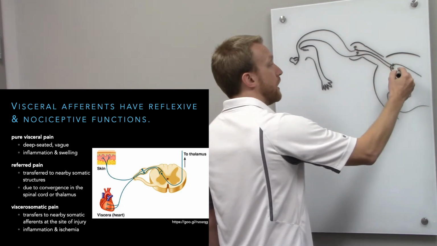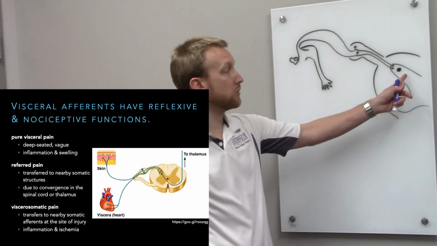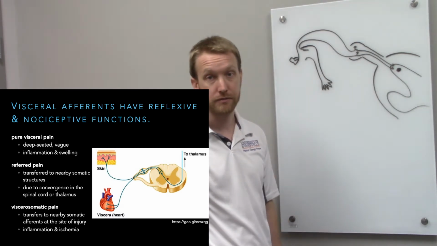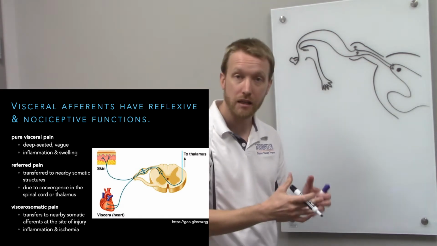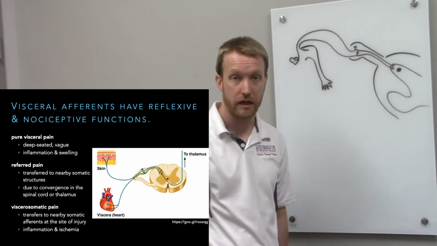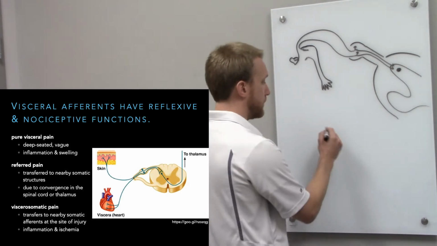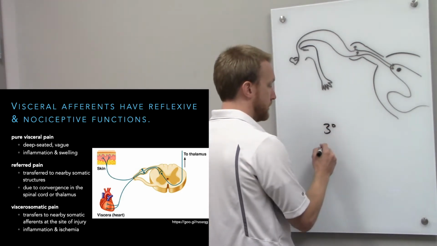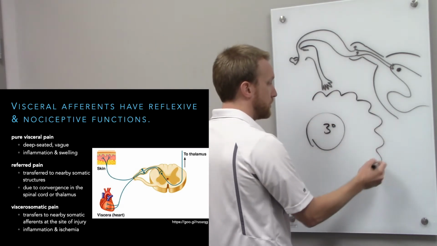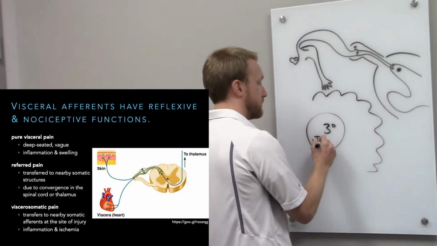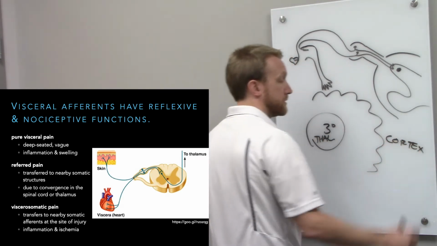Even though they're different primary afferents, they might converge at the level of the spinal cord under the same secondary afferent. Alternatively, they can converge in the thalamus on the same tertiary afferents. And the thing that creates the sensation is really that tertiary afferent that goes from the thalamus to the overlying cortex. The cortex is where the magic happens.